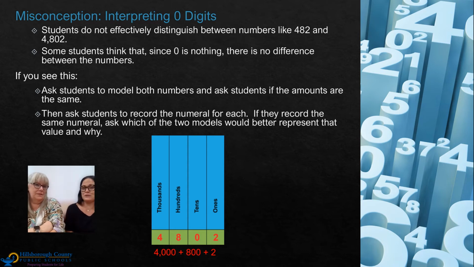Makes sense, right? So using those models to build that actual number and then asking the students to record the different place values for each of those numbers, they could see that I have 0 10s, for example, in this particular number. Right. Anytime that there's an empty place value between 2 place values that I have represented, I need to record a 0 in that place value.